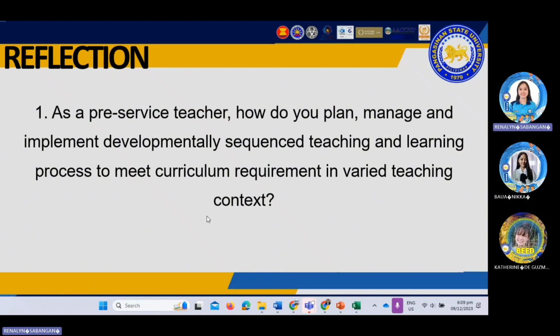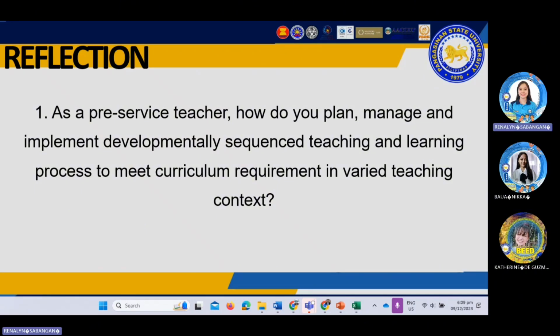So for our reflection, question number one, as a pre-service teacher, how do you plan, manage, and implement developmentally sequenced teaching and learning process to meet curriculum requirement in varied teaching contexts? So as a pre-service teacher, we implement developmentally sequenced teaching and learning process by first creating learning outcomes, considering the learning activities suitable to the learners.